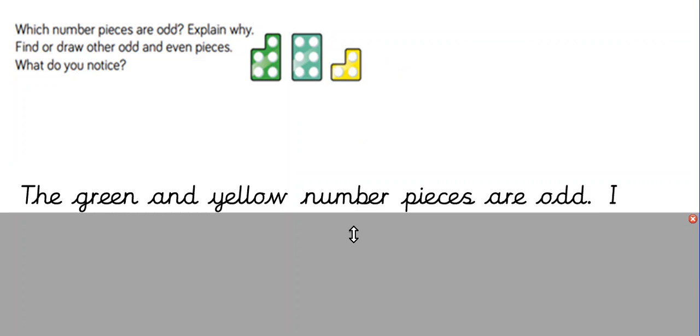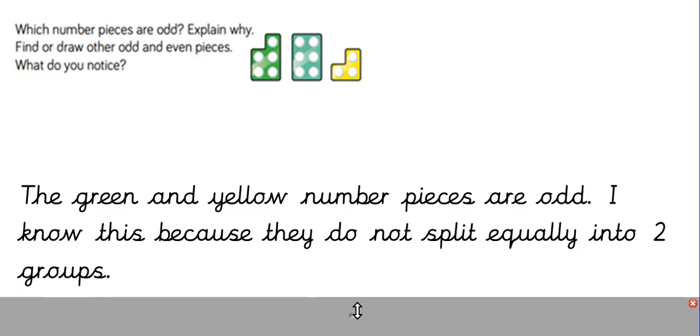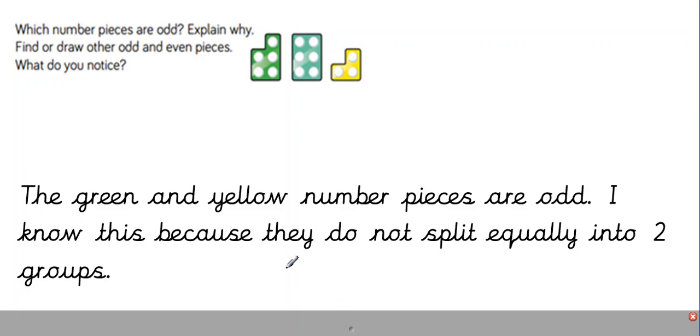Okay, let's have a look. So the green and yellow number pieces are odd. I know this because they do not split equally into two equal groups. So for example, if I drew my line down the middle of these, like we've been drawing on our page to split them into equal groups, and I count up how many are in each group. Here I've got 2 and I've got 3.